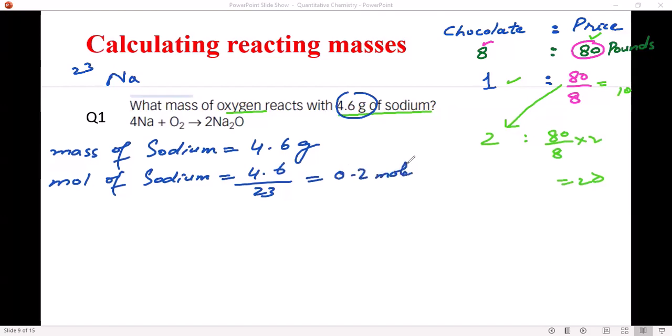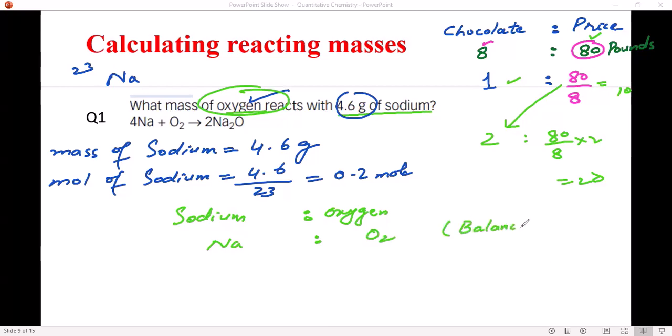Now I am going to use the very same approach, the chocolate method. What mass of oxygen? I have to find the mass of oxygen, so I need to do the calculation for oxygen. Put oxygen at the left of your paper and what they have given you at the right. Now compare their molar ratio, sodium versus oxygen, from the balanced chemical equation.